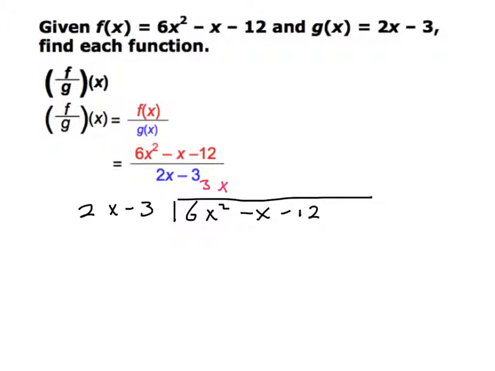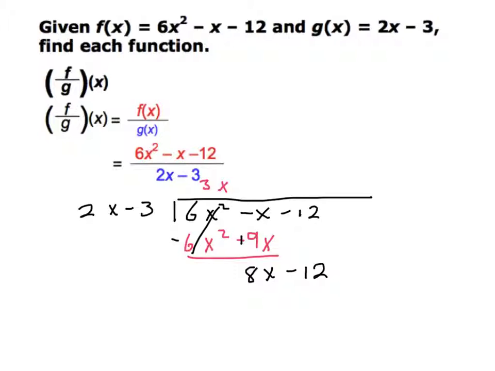You take that 3x times the 2x minus 3, and we will get 6x squared minus 9x. At this point, we're going to change the signs and add. This goes out like it always should. It subtracts out. And I'm left here with 8x minus 12.